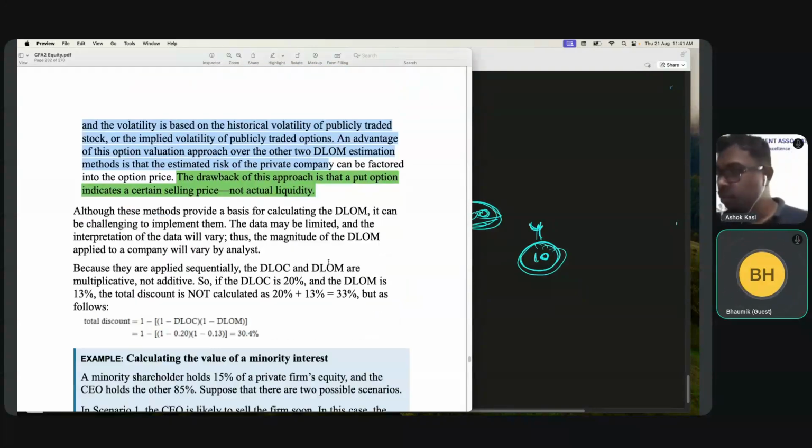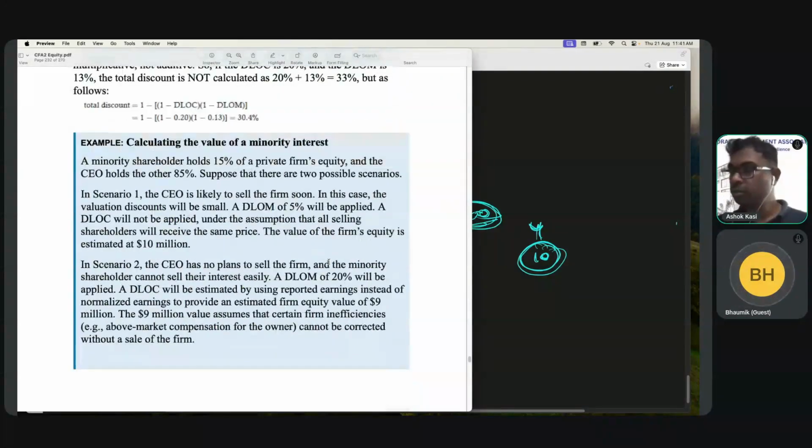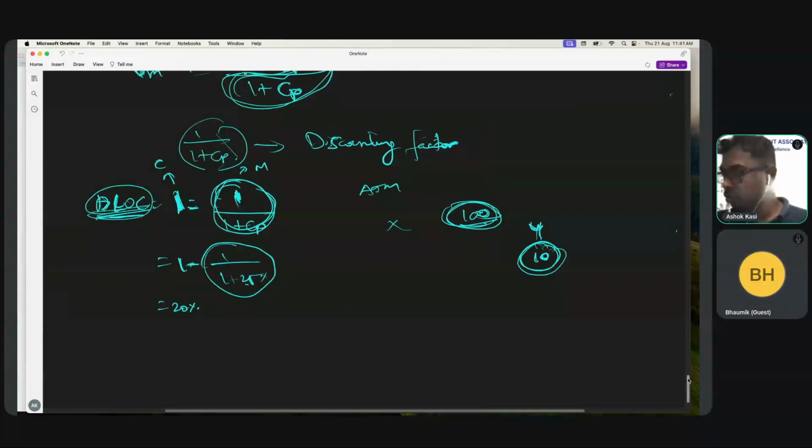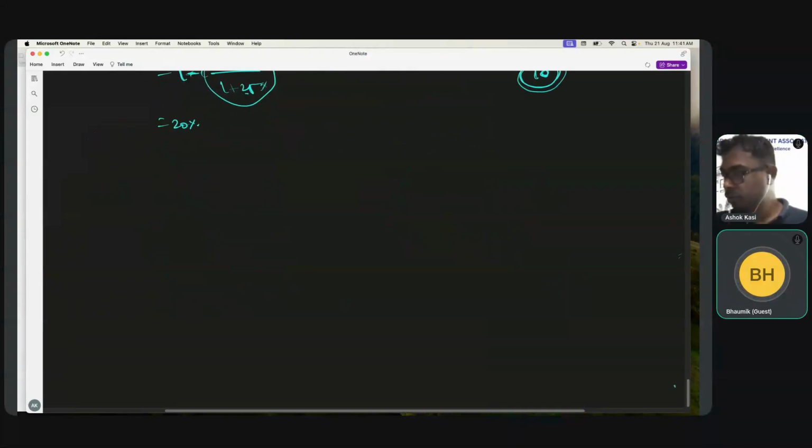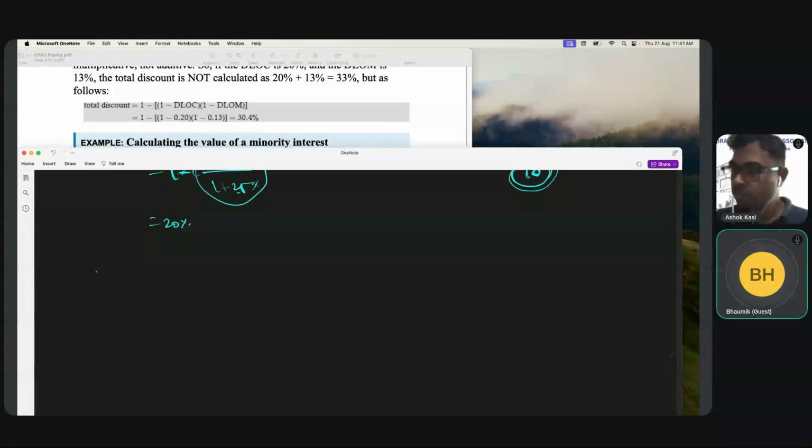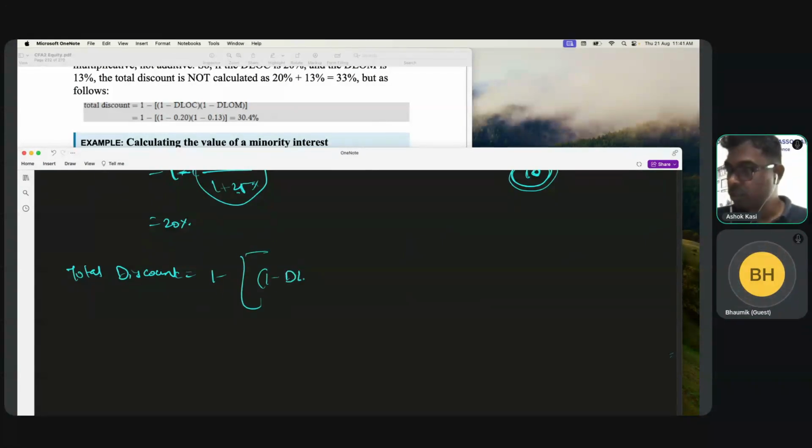Okay. Now the total discount. So the total value of the company is 1 rupee, minus 1 minus the discount for lack of control, into 1 minus the discount for lack of marketability.